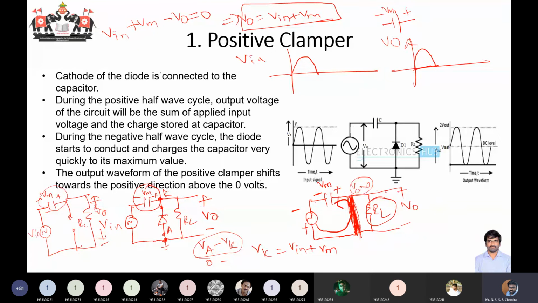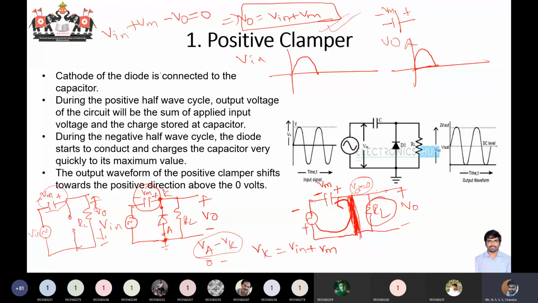So this plus Vm will continue to exist. For every instant you are going to add a Vm voltage, except for the first positive and negative half cycle. For the remaining portions of the output waveform, at every instant you are going to add plus Vm volts.